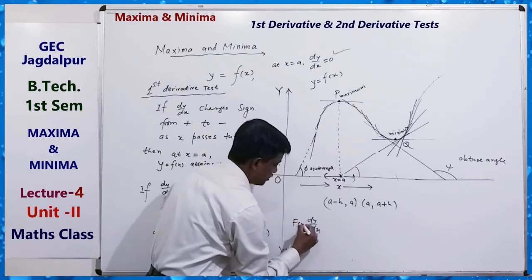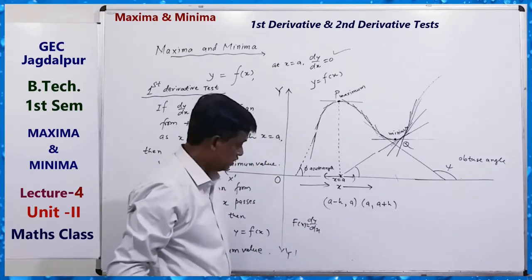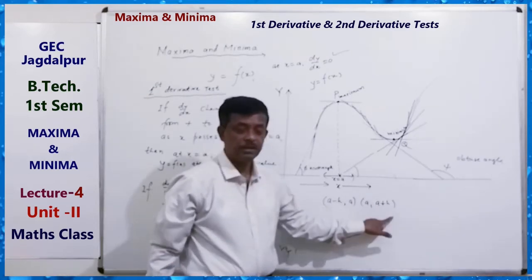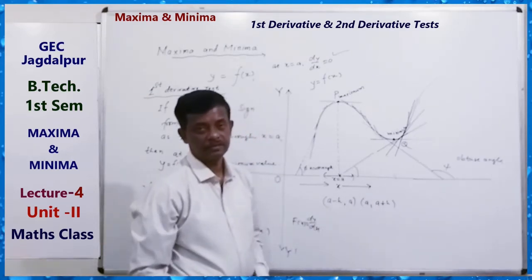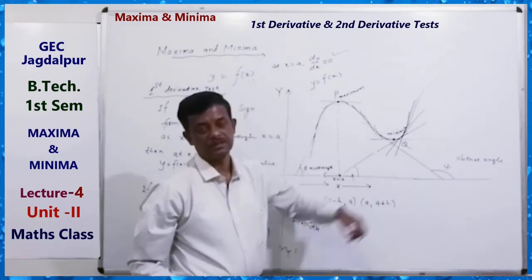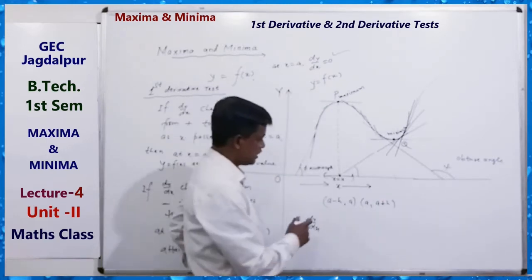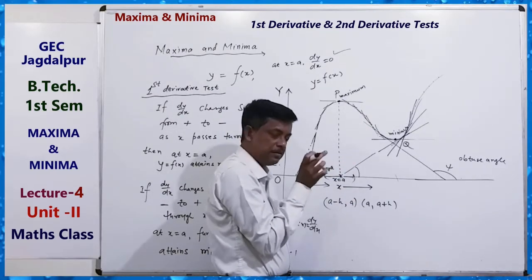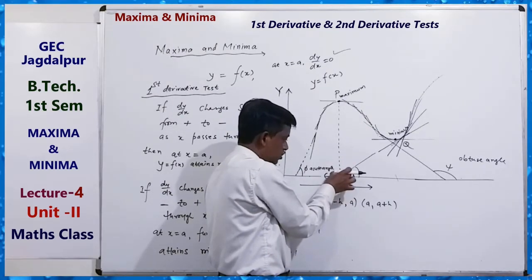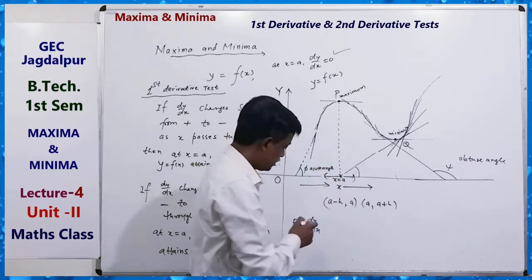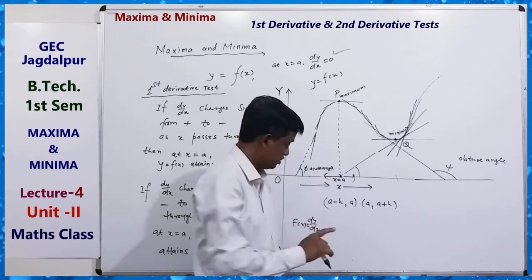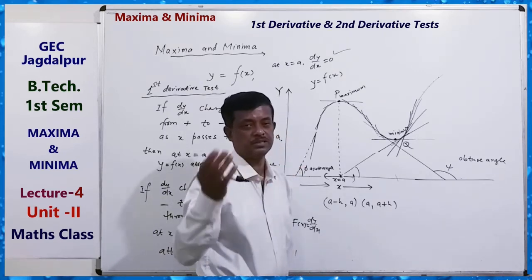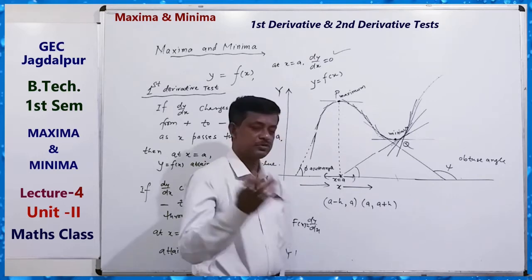In this small interval, the derivative decreases because it changes sign from positive to negative. So y equals f(x) is a function of x, and dy by dx is also a function of x.